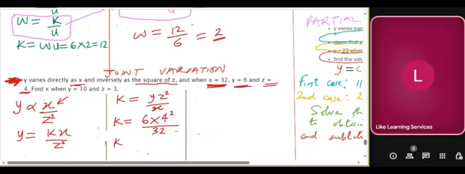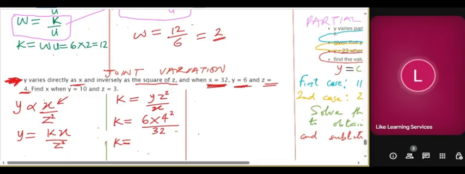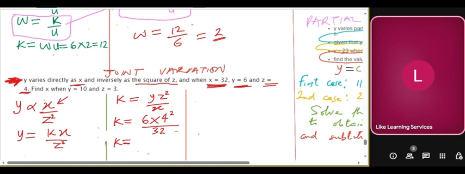So what's k? That's 16 times 6. Quickly get it. 16 times 4, 16 times 6: 64 plus 32, maybe 96. So 96 over 32.